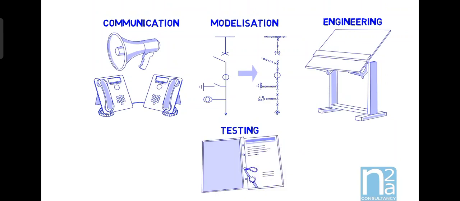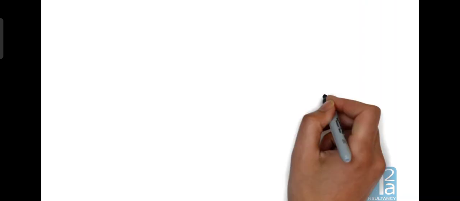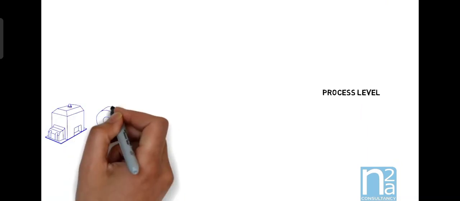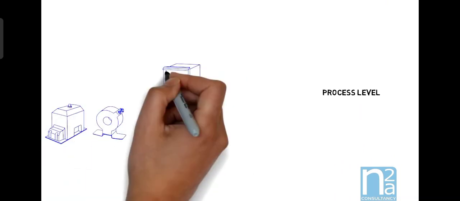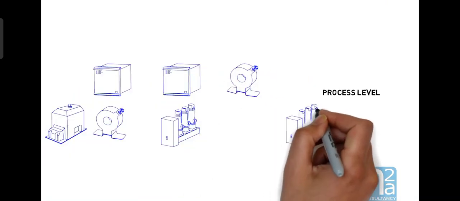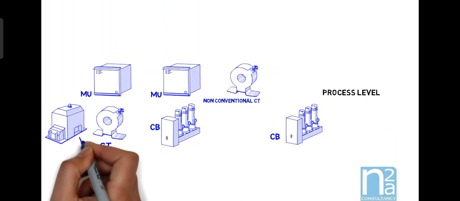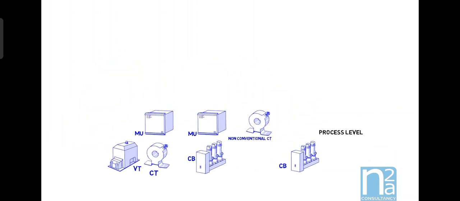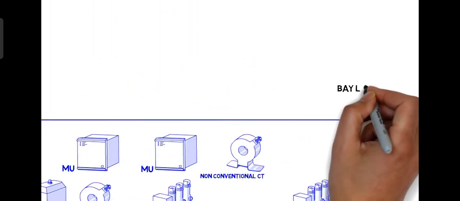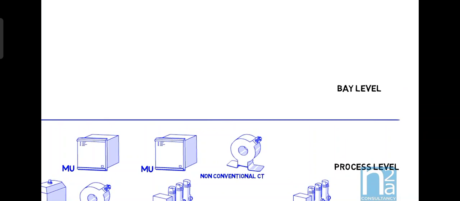Before exploring this in more detail, we should present an IEC 61850 substation. The standard defines 3 levels. We have, first of all, the process level, where we have switchgear like circuit breakers and switches, and instrument devices like the current transformer and voltage transformer. The second level is the bay level, where we have intelligent electronic devices called IEDs.